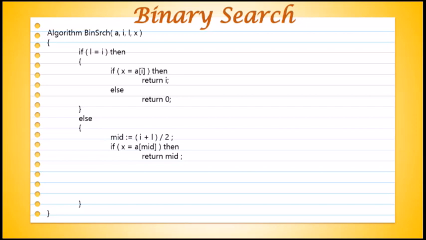Suppose X is not equal to A of mid. That means the searching element is not present at the middle position. Then we will compare whether X is less than A of mid. That means if X is not equal to A of mid, then we will check whether the searching element is less than the middle position value.